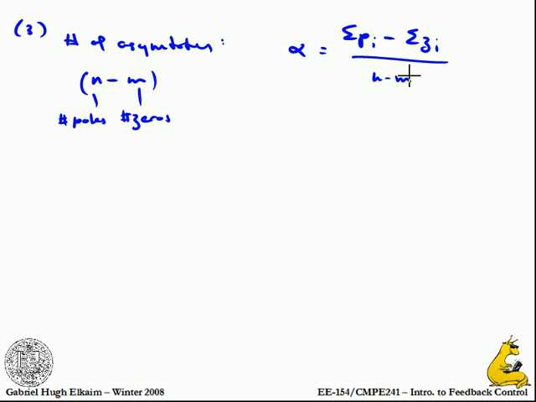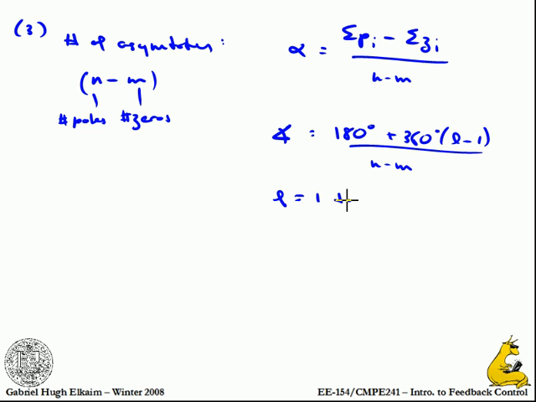And the last piece you need to know is the angle that the asymptotes have: 180 degrees plus 360 times L minus 1, divided by n minus m, where L goes from 1 to the number of asymptotes. All right. These are also in the book.